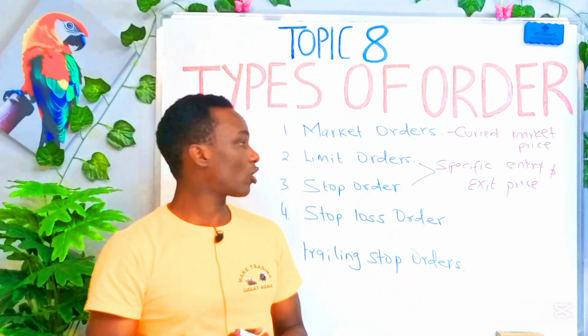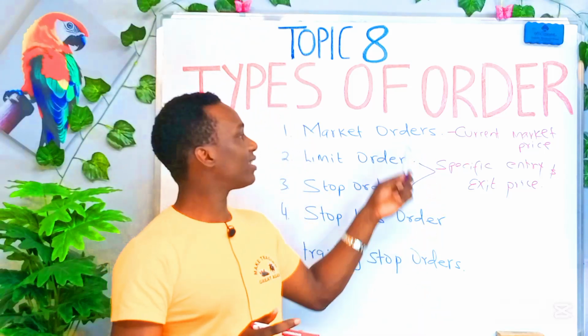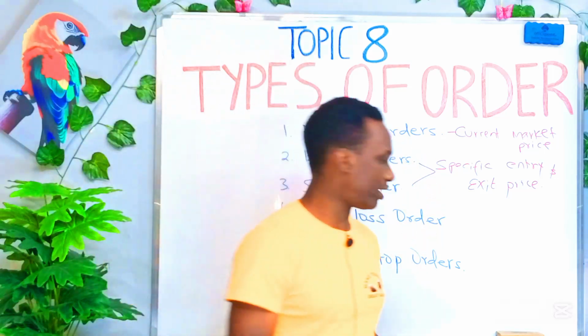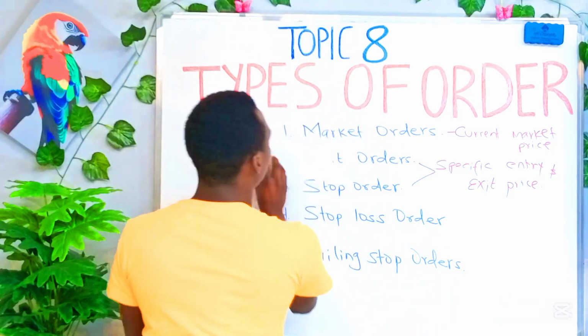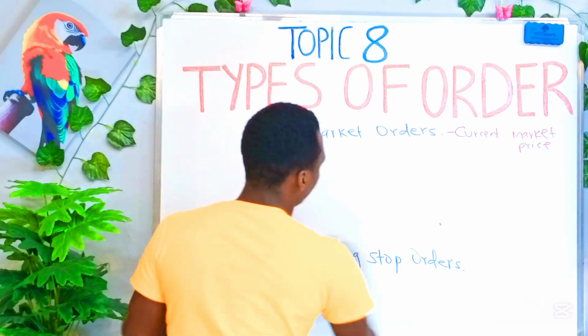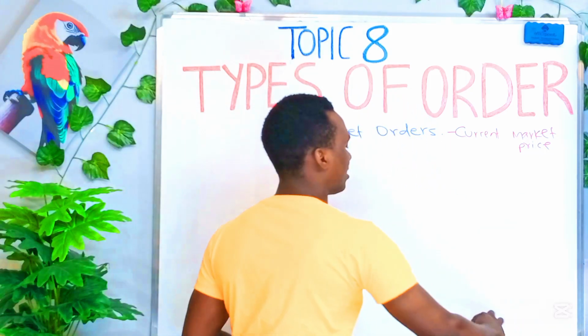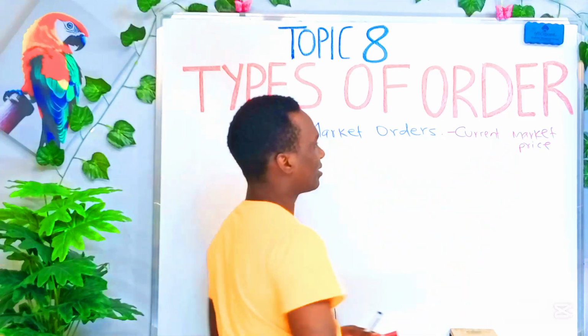So let us start with the elephant in the room, which is the market orders. We will leave the others, which we will study later on, and focus on market orders. We said that it is at the current market price.